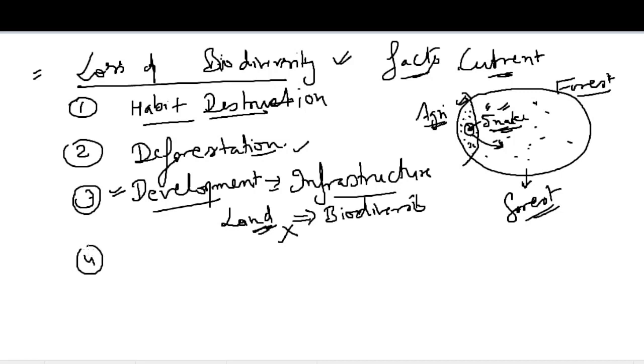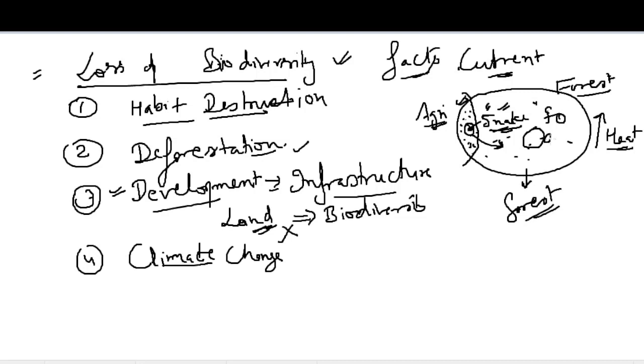Now moving ahead, some of the reasons are also climate change. Consider this example. Because of climate change, here there was a forest in a better climate. Now if the heat in the area increases, some water bodies may dry up.